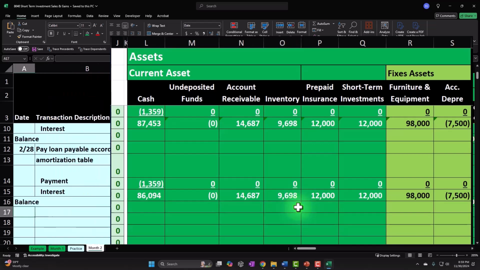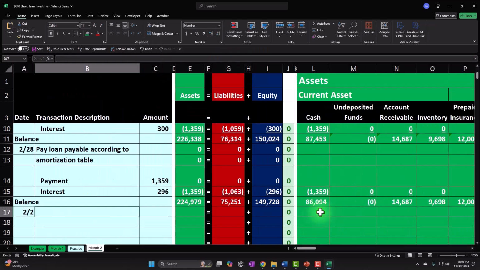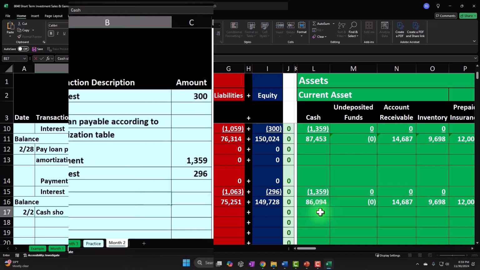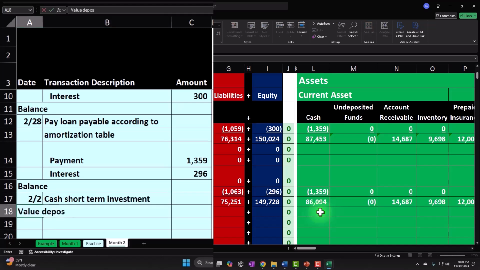So this is what it might look like: cash for short-term investment value deposited to checking. Let's say it was a bond and it came due, and then we said automatically just put it into our account.